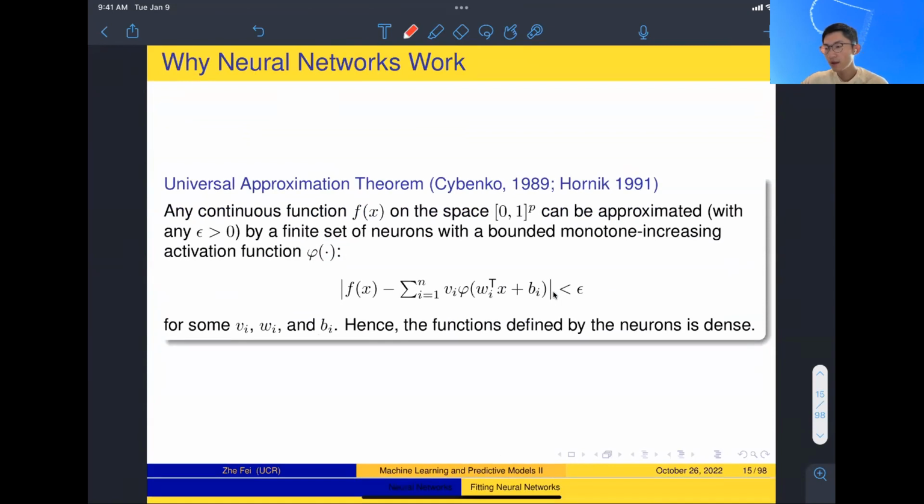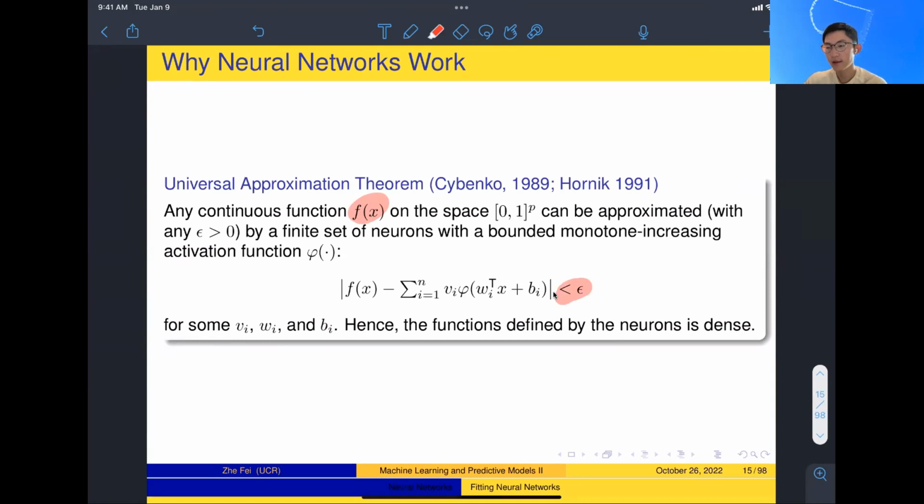So here's a general theory of why neural networks work. They call it the universal approximation theorem. So the idea is, with the unknown function f(x), right, with some conditions, the point is the neural network model is able to approximate this unknown function sufficiently well, right?